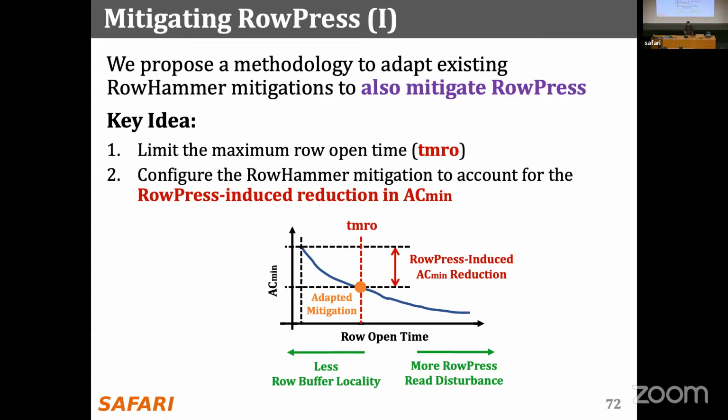By increasing the aggressiveness of the RowHammer mitigation mechanism with knowledge of how RowPress amplifies the read disturbance of the DRAM chip, we have a mitigation mechanism that can mitigate both RowHammer and RowPress.